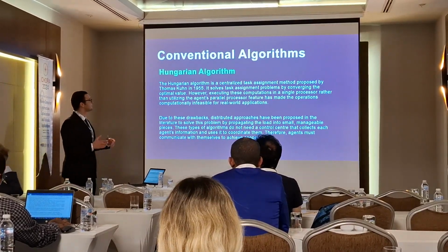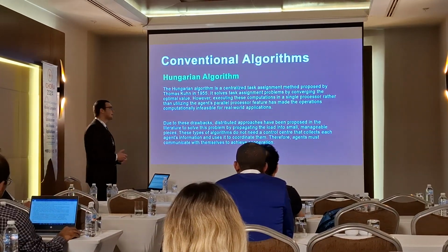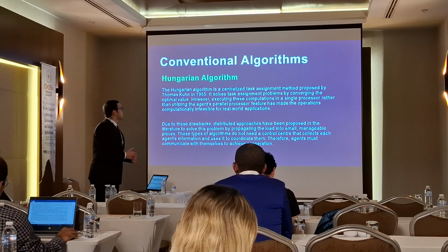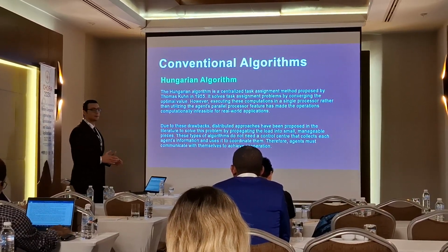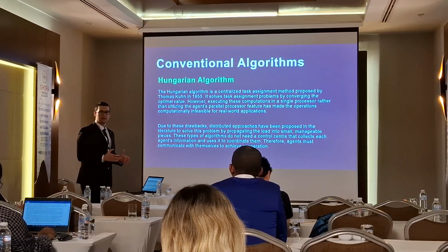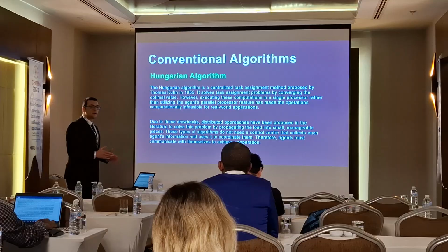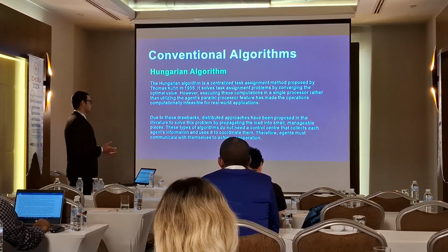So it collects each agent's information set and uses it to decide on behalf of the entire fleet. Because the main control center collects each agent's bids, we can assume that this center decides by reaching a global optimum or the optimal value.